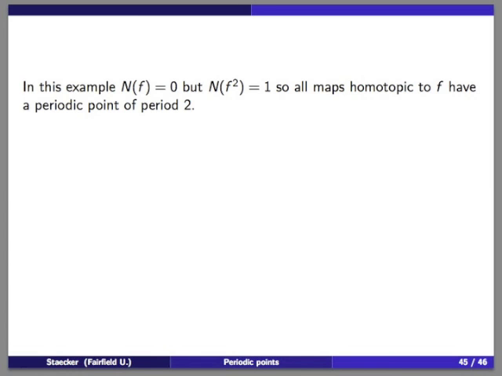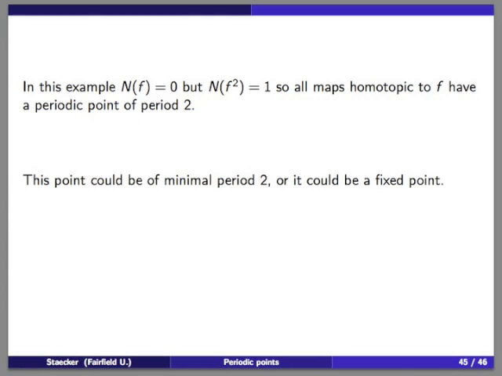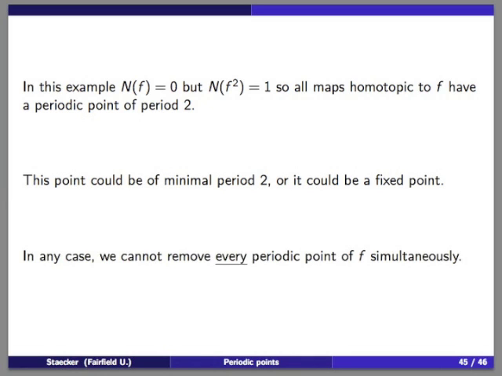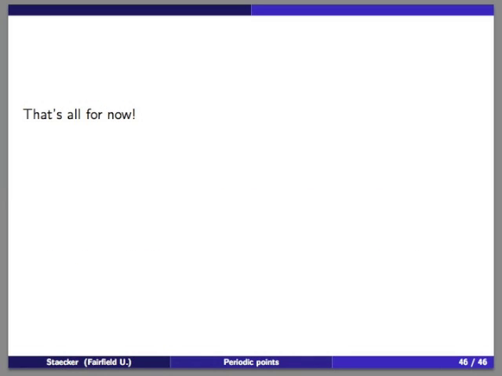But that's not possible because at the second level, the Nielsen number equals 1. So no matter what you do, there must be some periodic points of period 2. They could be minimal period 2 or minimal period 1. But you can't remove all minimal periods simultaneously. So the simultaneous Bekon theorem for NP is not true.